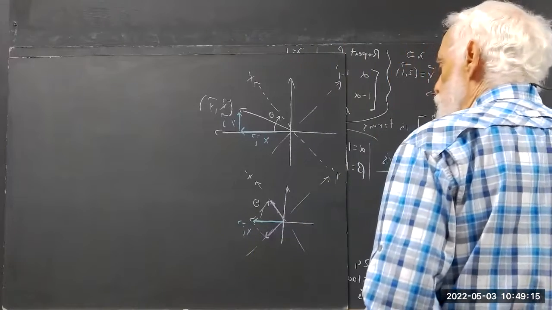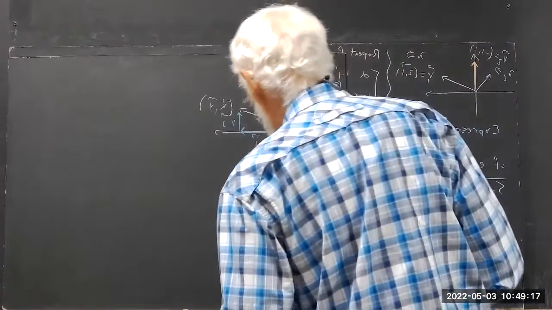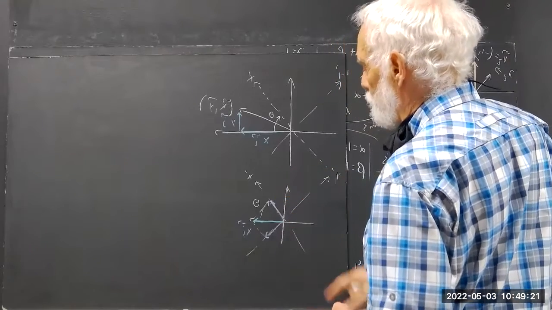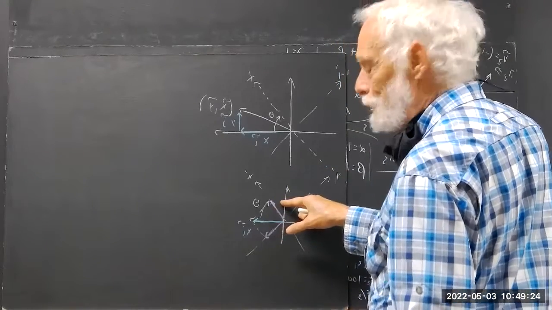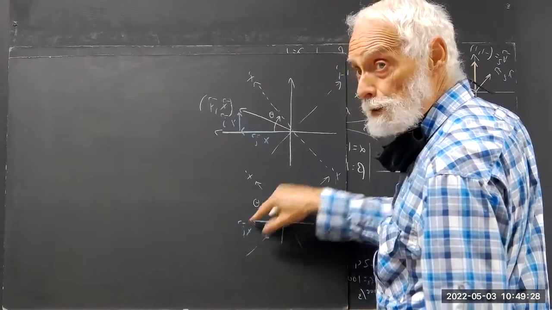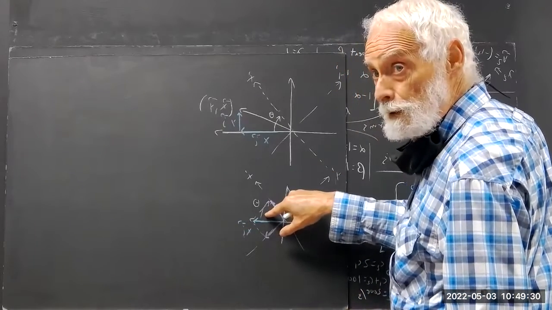Here. Doesn't take a huge amount of insight to see that this component is the adjacent side of a right triangle formed here, because the projection goes at a right angle.